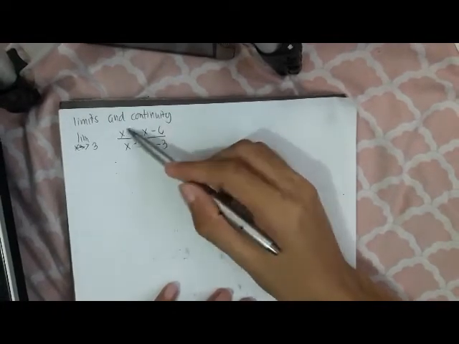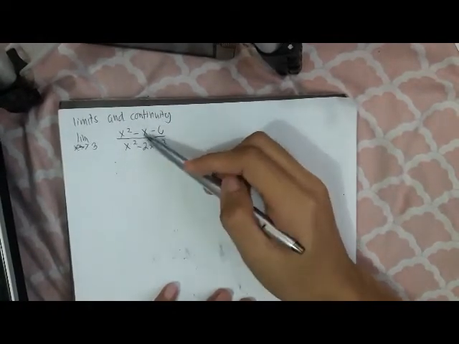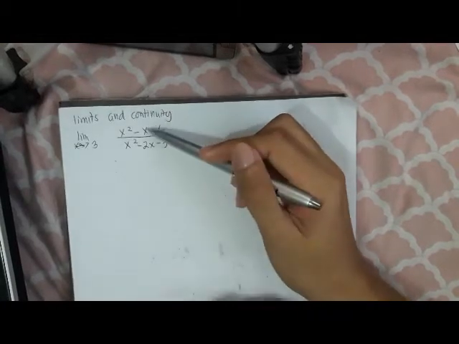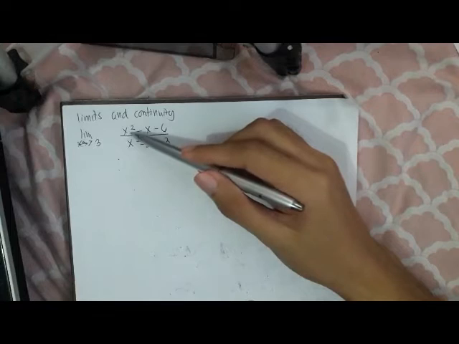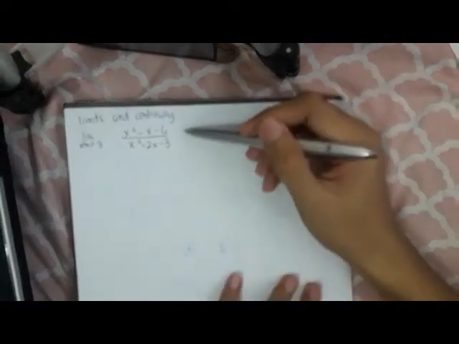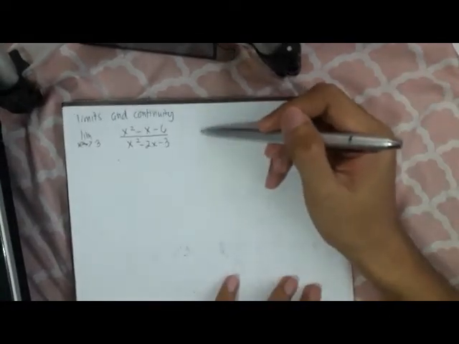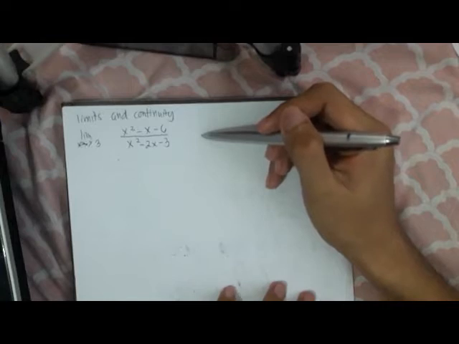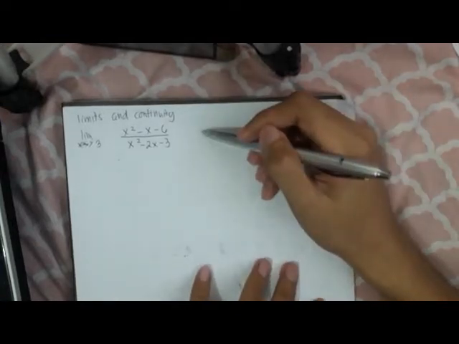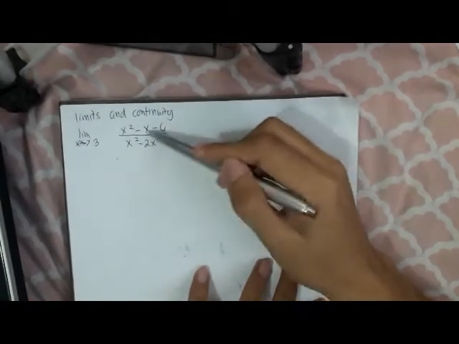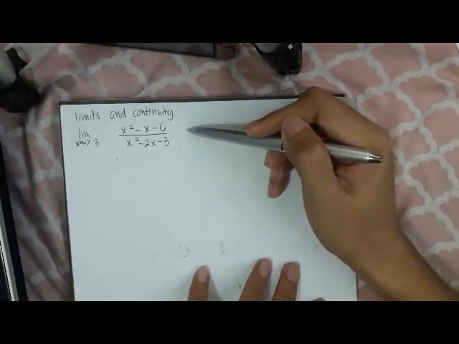Pero sa function na ito, kapag i-substitute natin ang 3 sa bawat x, ang resulta ay magiging 0, which is ang ating limit is undefined or doesn't exist. So, mag-conclude tayo na ang limit na ito ay doesn't exist or undefined.